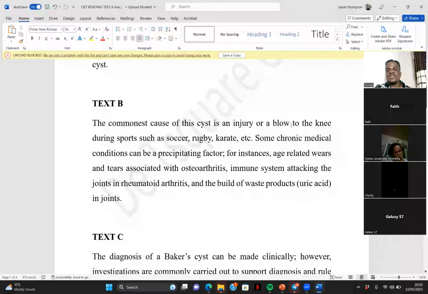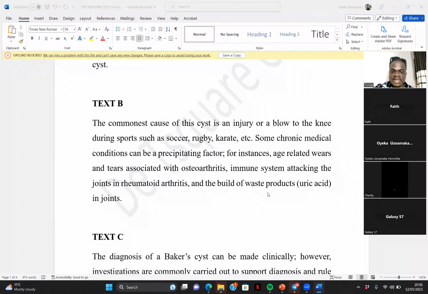If you don't know that a blow or an injury is a form of trauma, you might be looking for trauma everywhere in this text B. You will not find it, and you will think the answer is not there. So you must demonstrate that you actually understand English to pass the reading. Do you get it? The answers are not just blown like that. The ability to paraphrase and to understand vocabulary will help you get your answers too. So the answer is true, or you say yes.